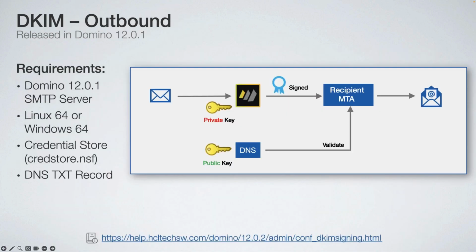If you use SMTP exposed, you should check, if you did not do it yet, the settings for incoming and outgoing security for SMTP. For outgoing, Domino now allows you to sign messages with DKIM, link on how to enable it.